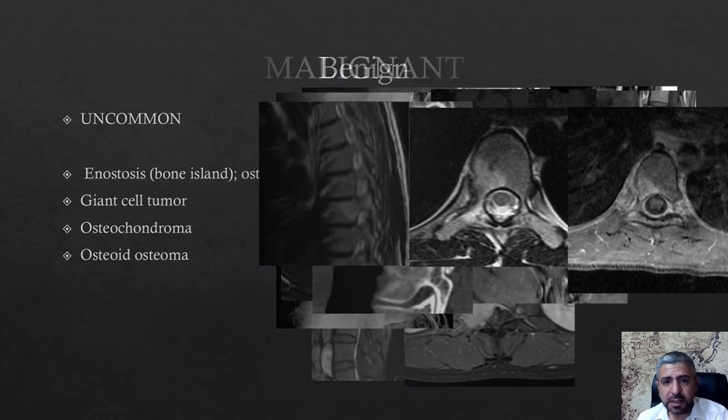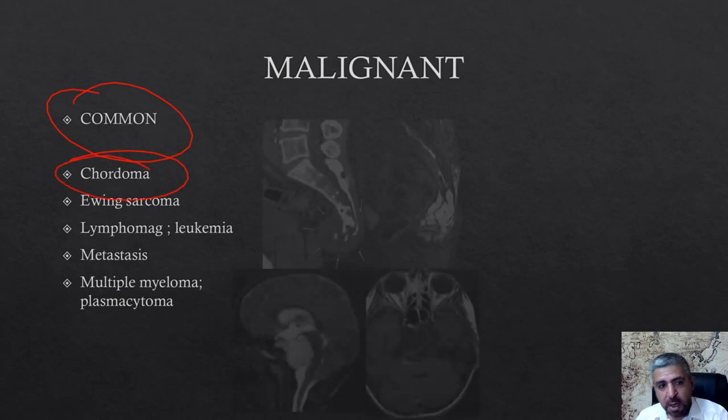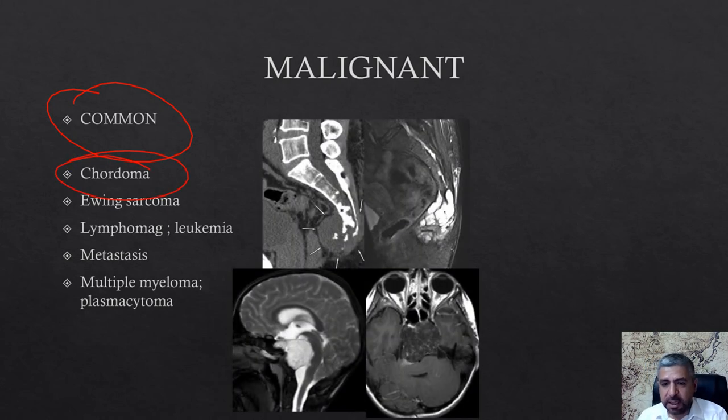So now let's go to the malignant lesions. The malignant lesions that we see in the vertebrae are a lot of different types. However, we will start with the common ones. The common ones include chordoma first. Chordoma is a malignant lesion that arises in two typical locations. This is the sacrococcygeal region.